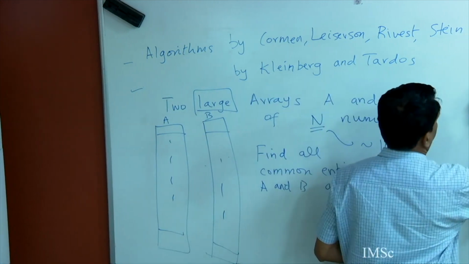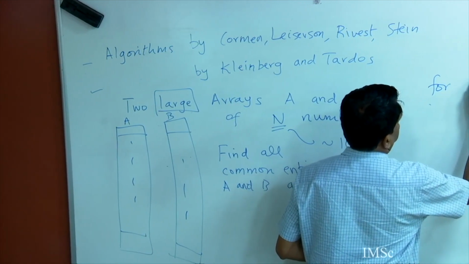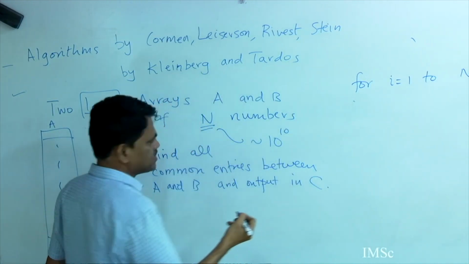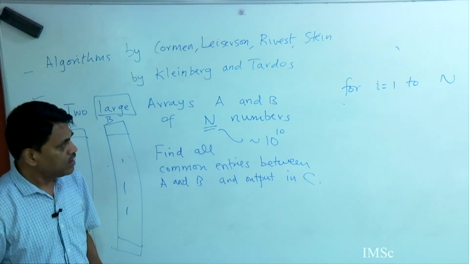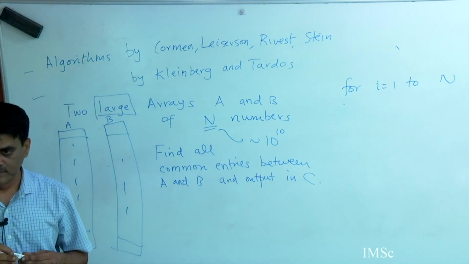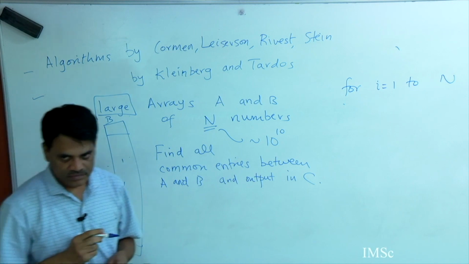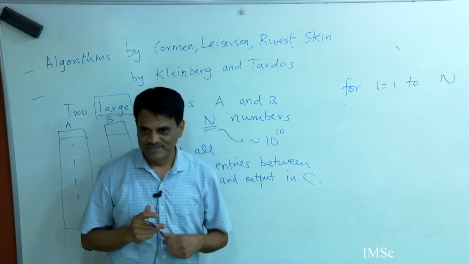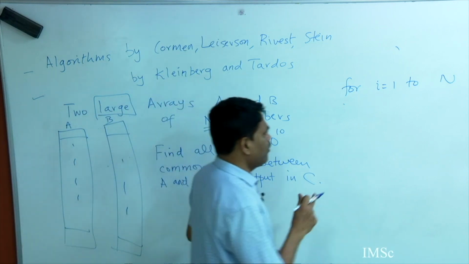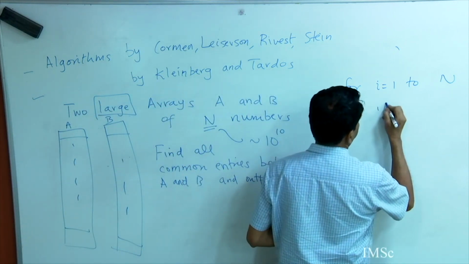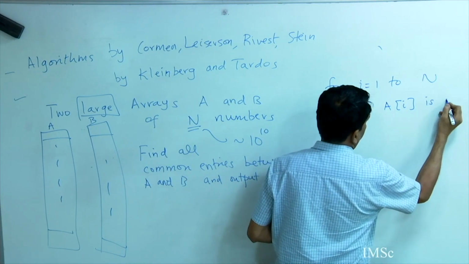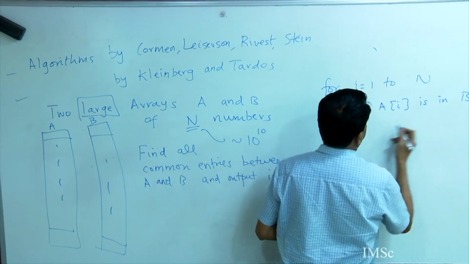Yeah. So for i, let's say going from 1 to n, because n is the total number of entries in A, right? And then, yeah, okay. So let's write. So if A[i], for now, let me write it like this. We will expand it later.